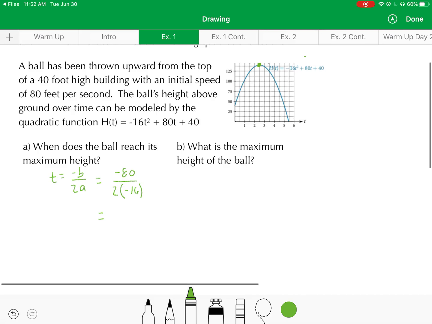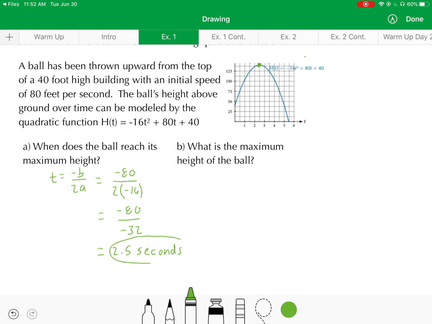So that's negative 80 divided by negative 32, which is going to give me 2.5, and this represents a time in seconds. So it's going to take 2.5 seconds for this ball to reach its maximum height.